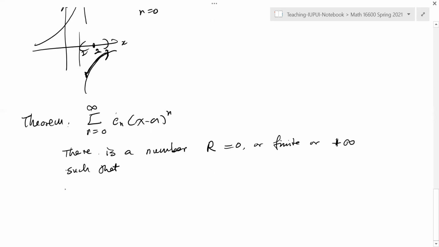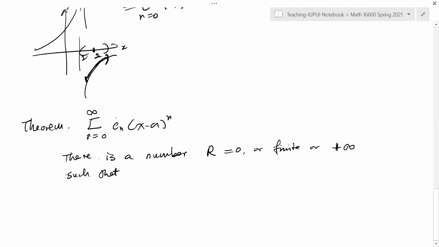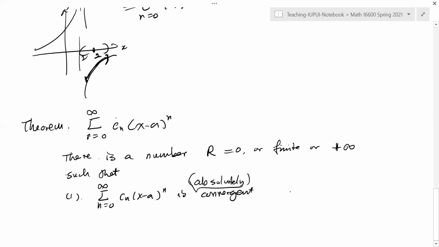That's 3 cases. Such that, 1, this series is convergent. Actually it's absolutely convergent for absolute x minus a less than R.